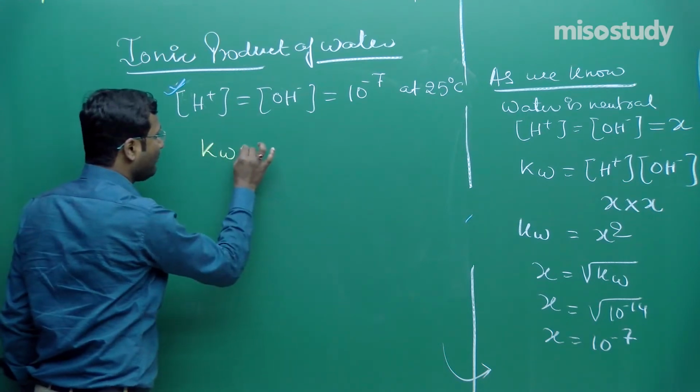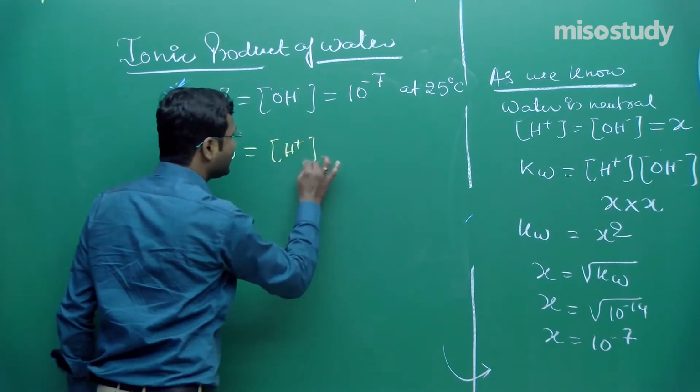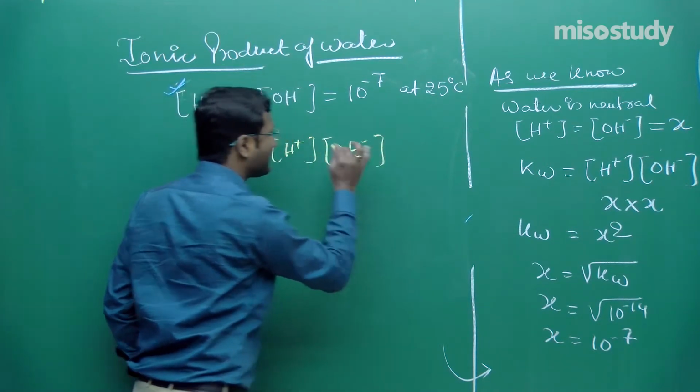As we know, Kw is equal to H plus ion concentration into OH minus ion concentration.